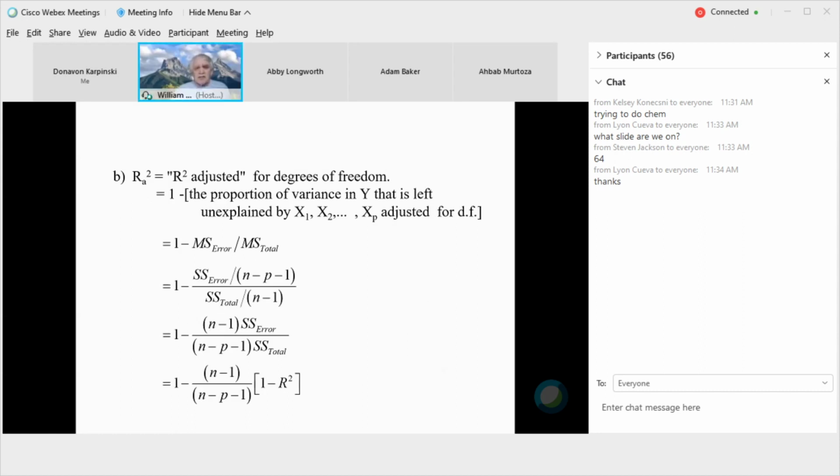Sometimes people like to use another statistic called r squared adjusted. It's adjusted for the degrees of freedom. It's 1 minus MS error over MS total. It's measuring the proportion of variance in y that's explained by x.